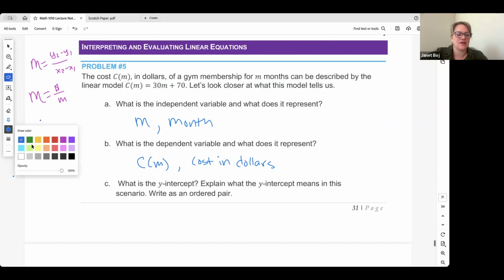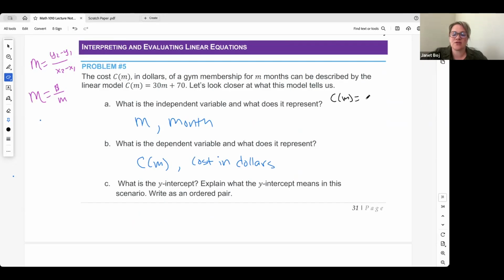Let's take a look at that really quick, since we're dissecting everything. Cost, C of M, equals 30 M plus 70. Let's write this out in units. So cost is dollars. 70 is the y-intercept, which would also be dollars.